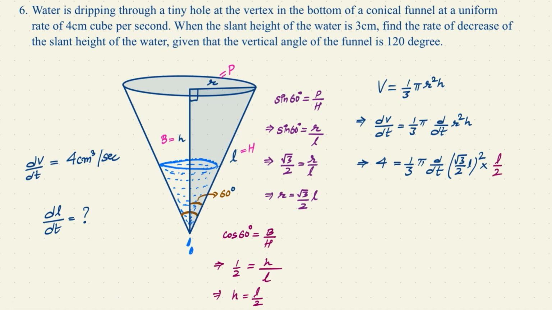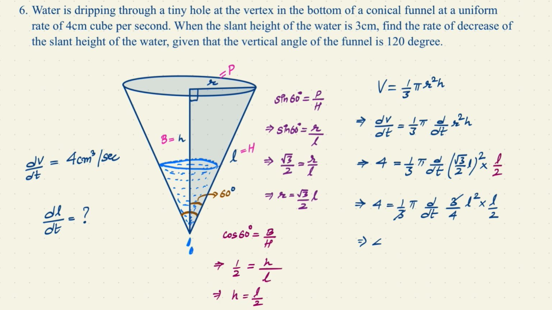Now since we have replaced r and h in terms of L, now we will differentiate. So here it will be 4 equals 1 by 3 pi d dt of root 3 square is 3, 2 square is 4, L square into L by 2. So here this 3 and 3 got cancelled.